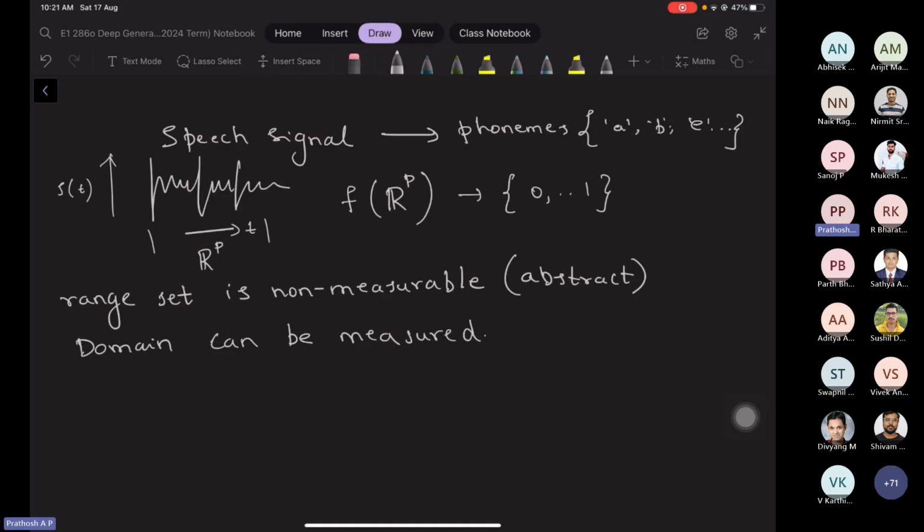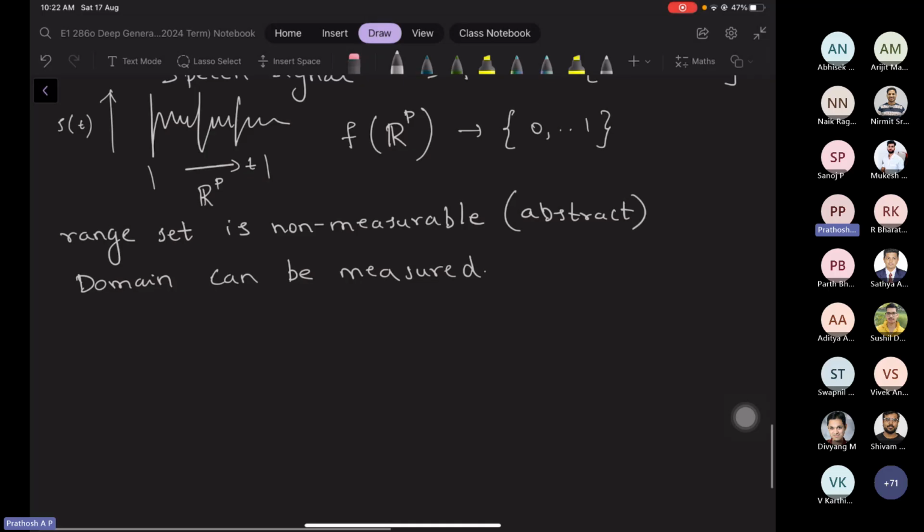Okay, so in these scenarios, where you have measurable domain sets and abstract range sets, finding a function that would map these two via existing mathematical tools is difficult. But as I said, historically speaking, people tried using existing mathematical machinery to solve these problems.